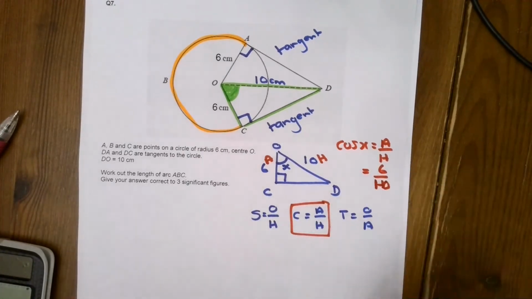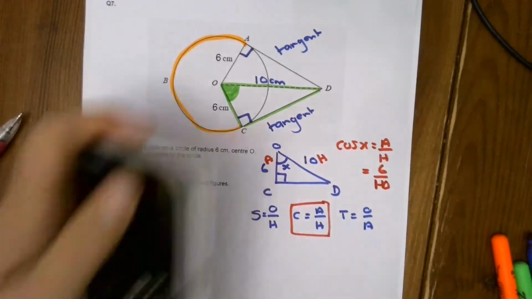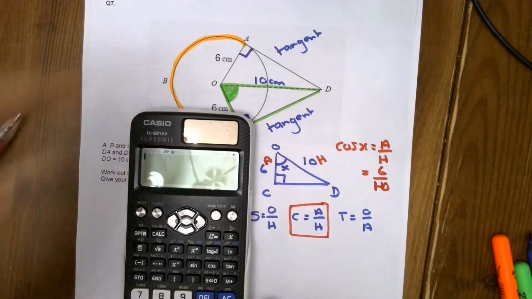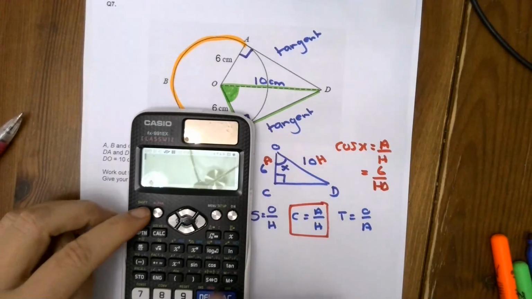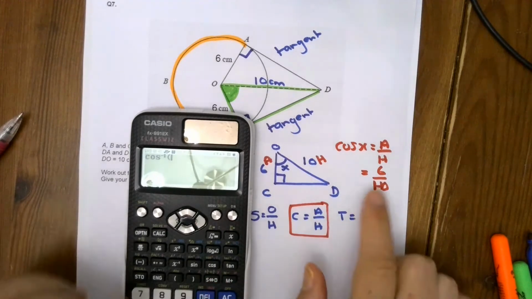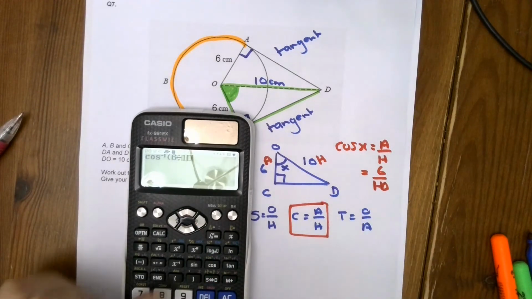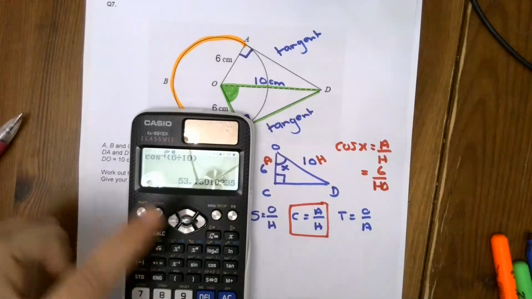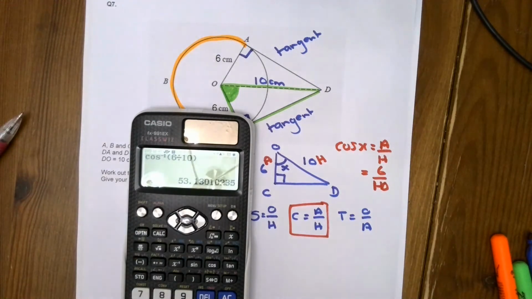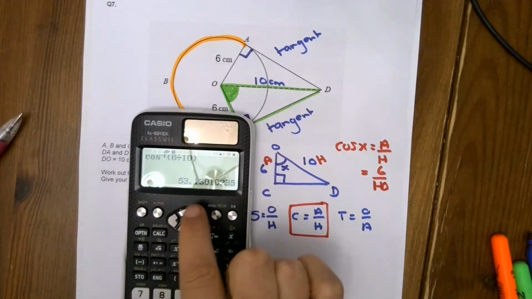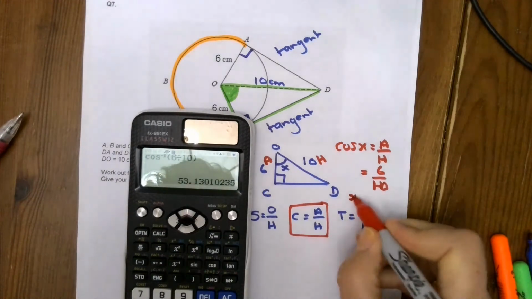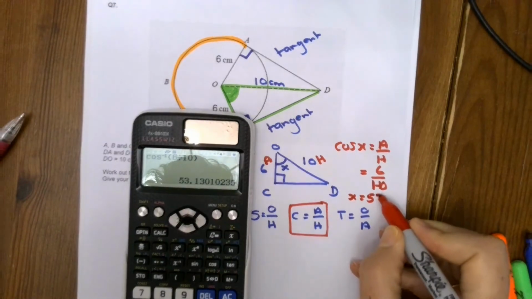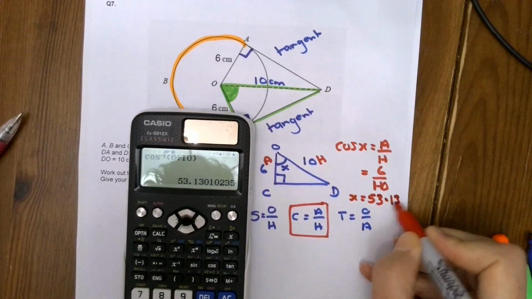or 0.6. So now I go to my calculator. I want to find an angle, so I need to use shift cos. So shift cos 6 divided by 10 and press equals. Make sure it's in degree mode and you get 53.13 degrees. So my angle X is 53.13 degrees.